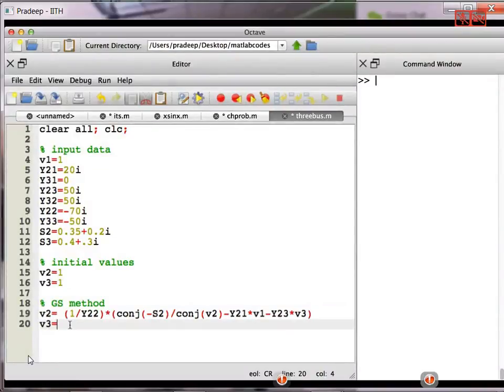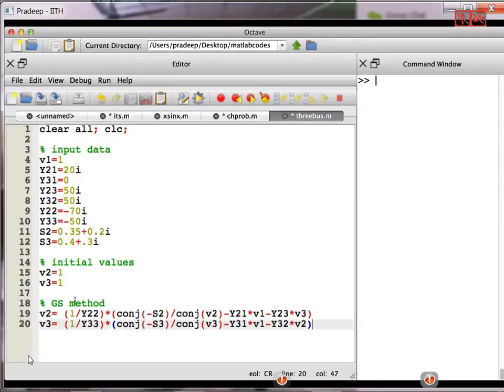Very simple, you have already written it: 1 by Y33 multiplied by the conjugate of minus S3 divided by conjugate of V3, minus Y31 into V1, minus Y32 into V2.